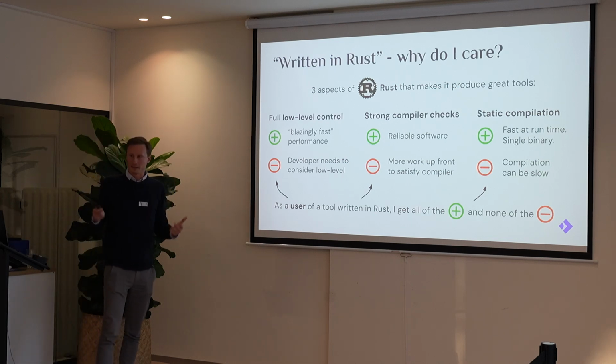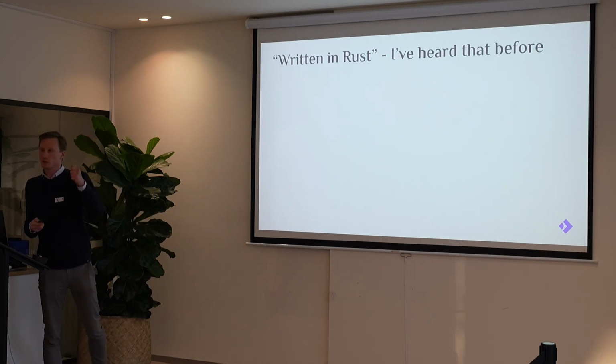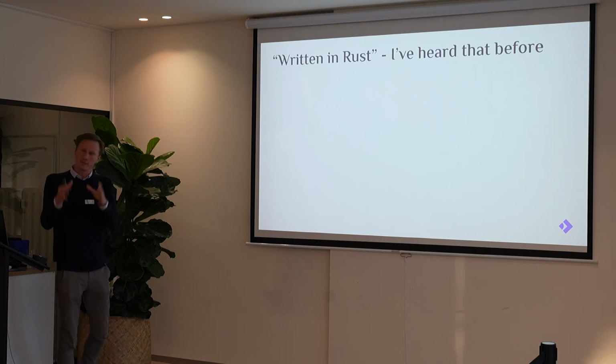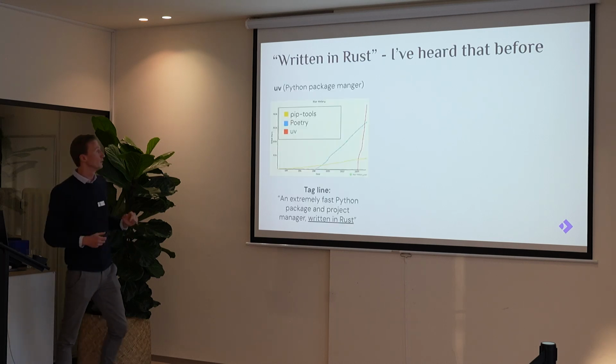And maybe that's an aspect of why we see tools being written in Rust. It's not just SDF that's now a tool written in Rust that's gaining popularity. There's really a trend, especially last year, of many tools being written in Rust and gaining a lot of popularity.